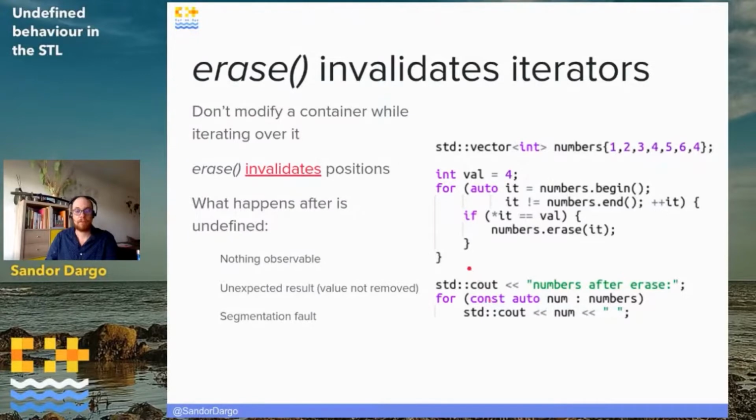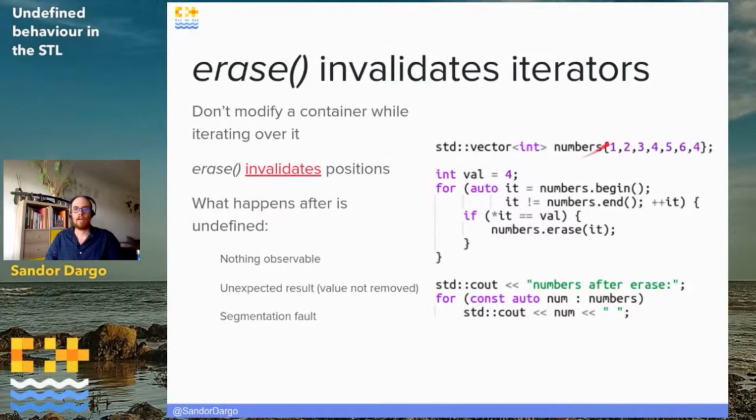So what can happen here with this undefined behavior? Maybe you will see nothing observable. It really depends on the implementation and in fact on the data that you are passing in. But by nothing observable, we can also mean that there is actually something wrong, but you are just not able to see it.